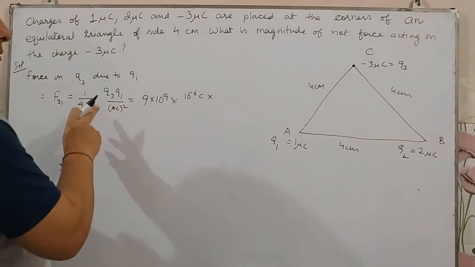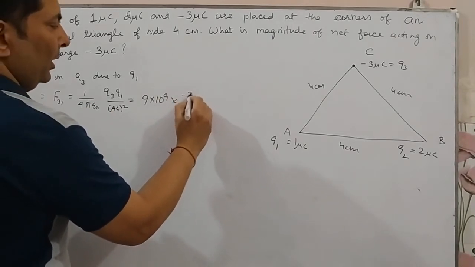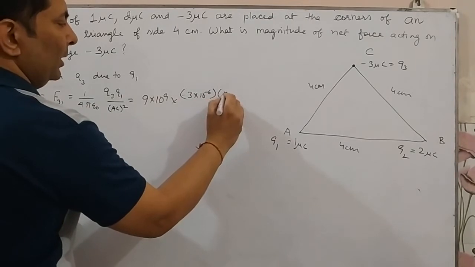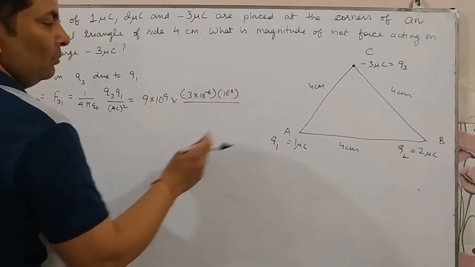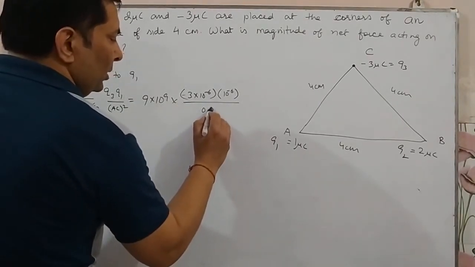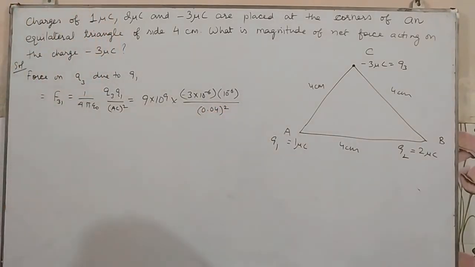Q3 is 3 into 10 raised to minus 6 coulomb, divided by the distance, which is 4 centimeter. Converted into meters, it becomes 0.04 squared. Okay. So we can solve it to get our desired result. The result comes out to be nearly equal to 16.88 newton.